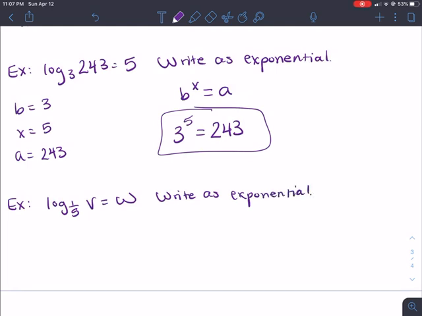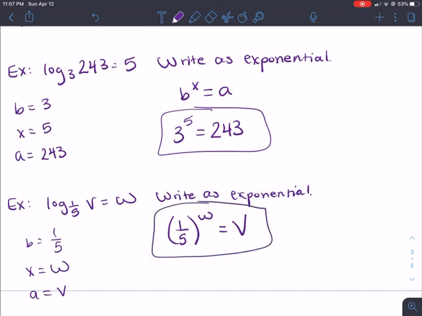Okay, so my b is 1/5, my x is w, and my a is v. I'm just going to plug it in. I get 1/5 to the power of w equals v. And that is how you write logarithmic functions and exponential functions and convert between them.